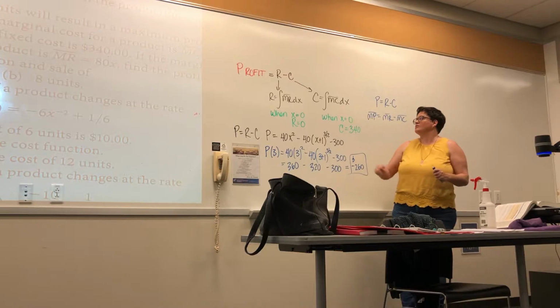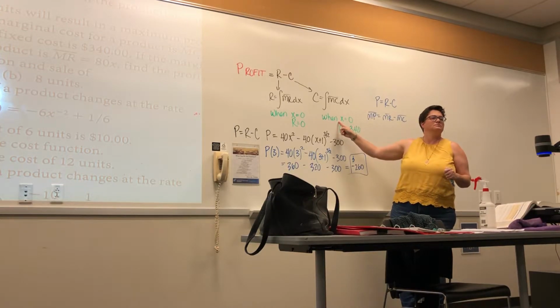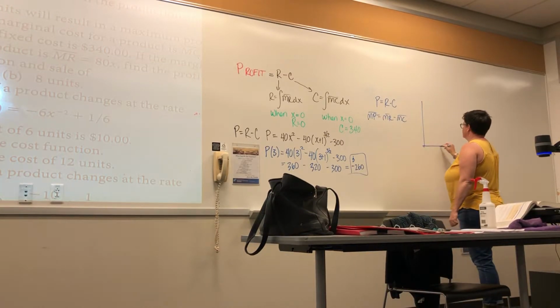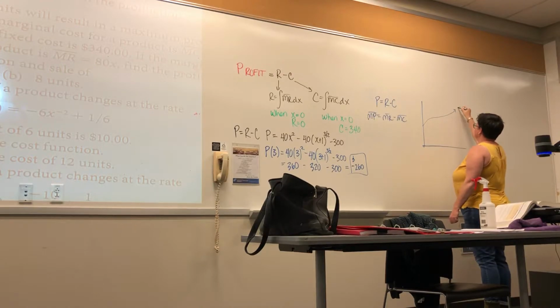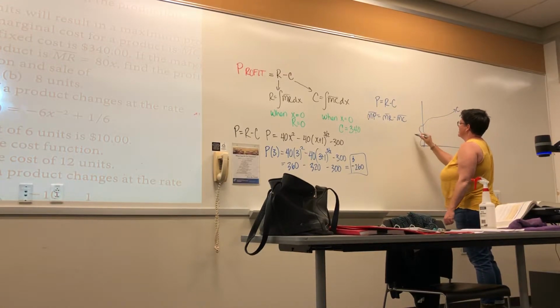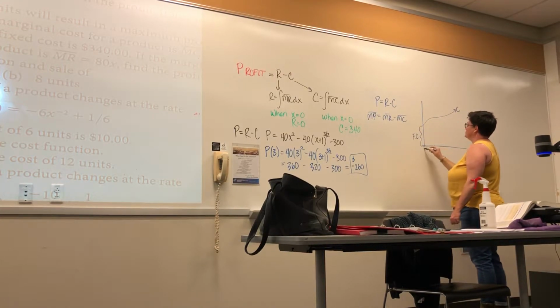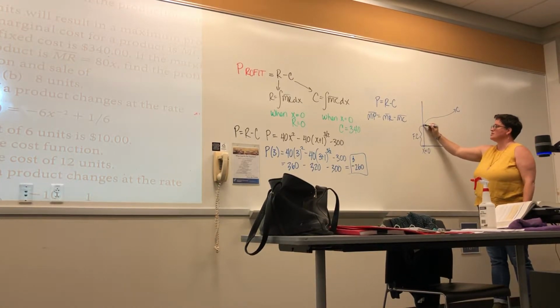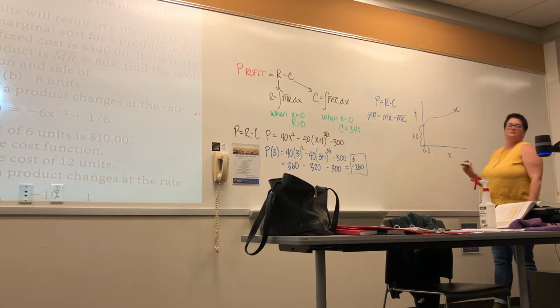So fixed cost is when x equals 0. You remember that pretty picture I drew on the board? Here's cost. Fixed cost is right here. It's literally where x equals 0. So wherever this function starts off, this amount of money here is your fixed cost.